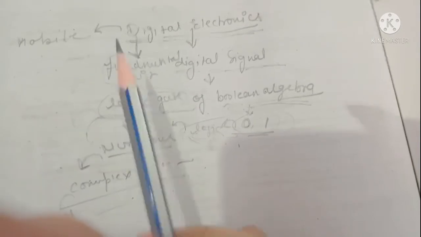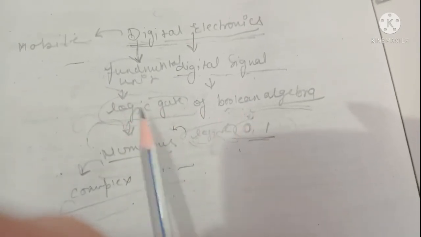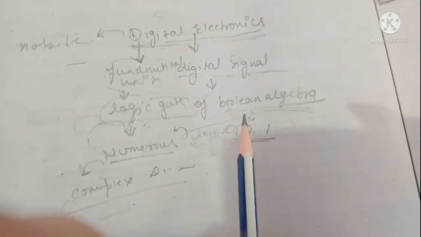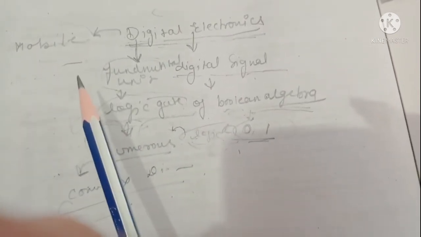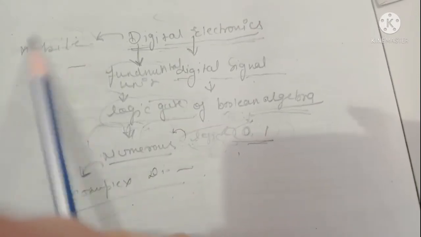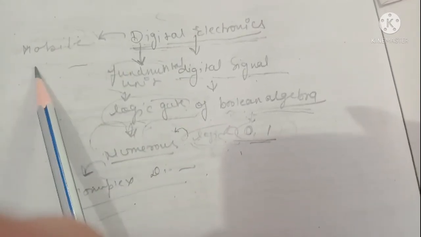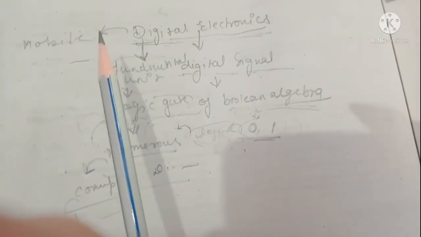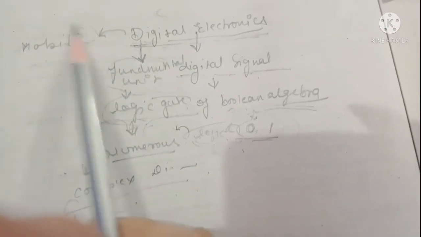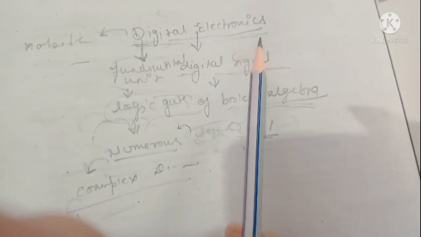If you can't perform Boolean algebra to find out mathematical and other logical expressions, you can't operate your mobile and other devices. You just operate the mobile, but there are mathematical and logical operations performed behind your system. It is just because of digital electronics.